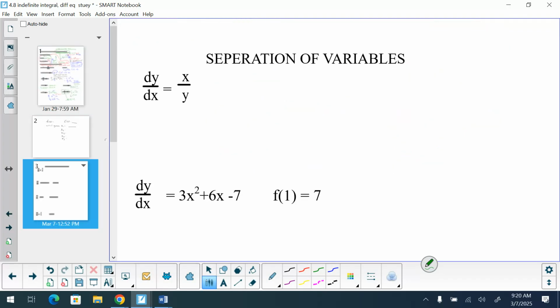Which allows us now to look at the idea of what are called differential equations. Differential equations allow us, once again, to get back to original functions and also to solve for that c value. Solving differential equations is an entire course in college.